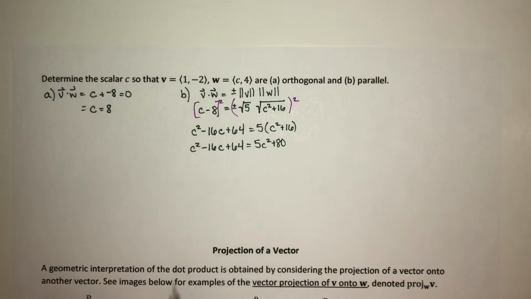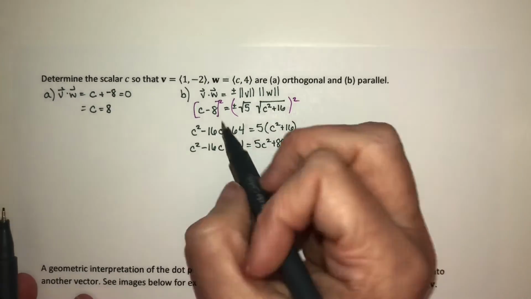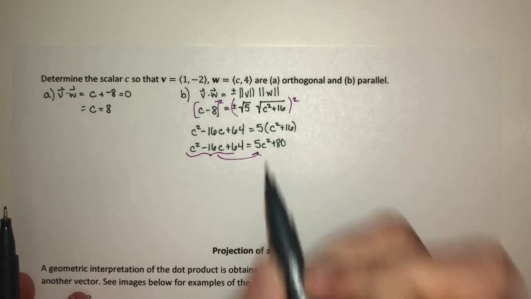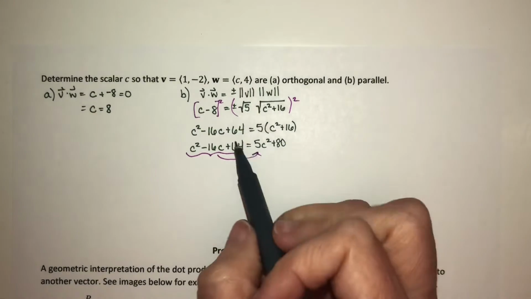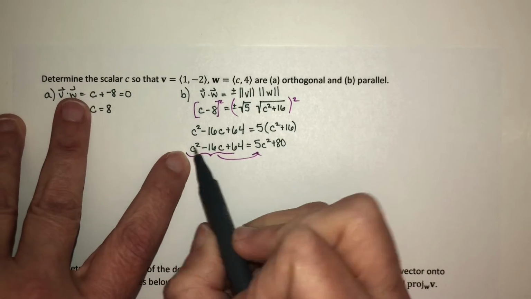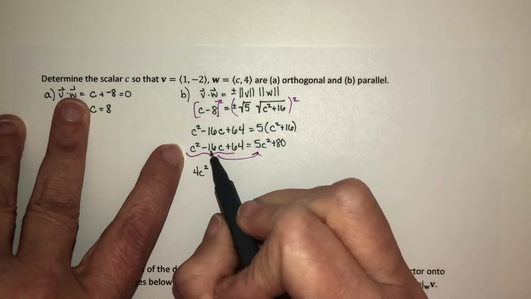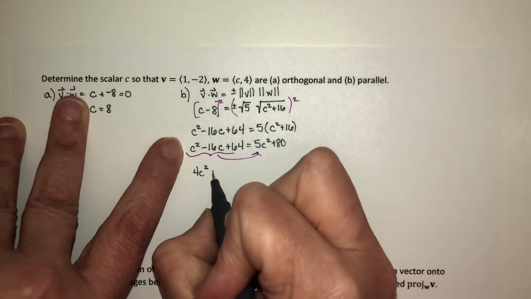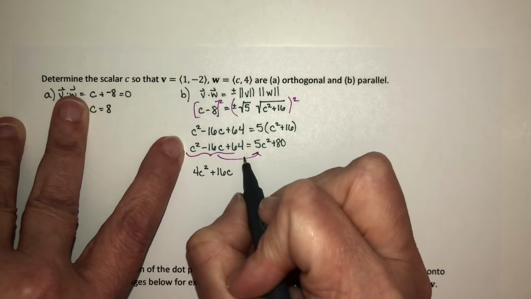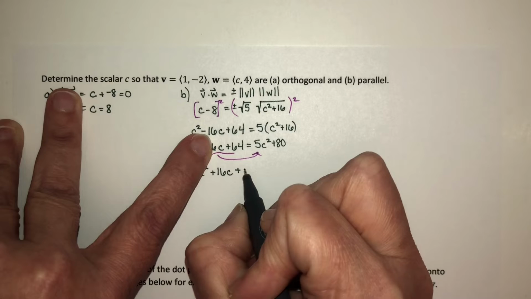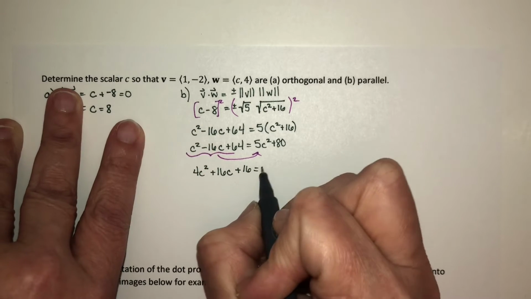Now I have a quadratic that I need to solve. I'm going to move all of these over and flip my equation around. So 5c squared minus c squared is 4c squared. Add 16c to both sides. Subtract 64, and we get plus 16 is equal to 0.